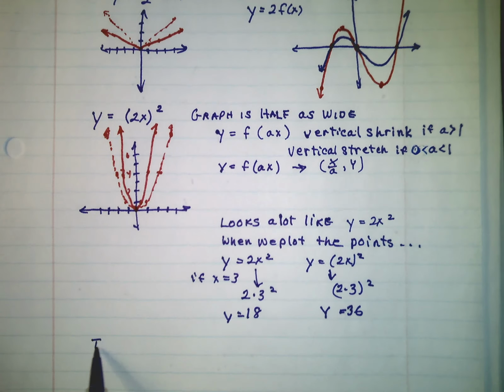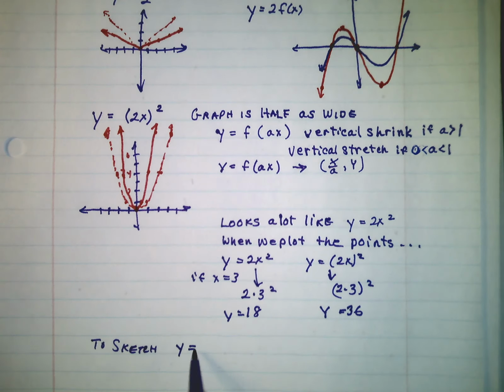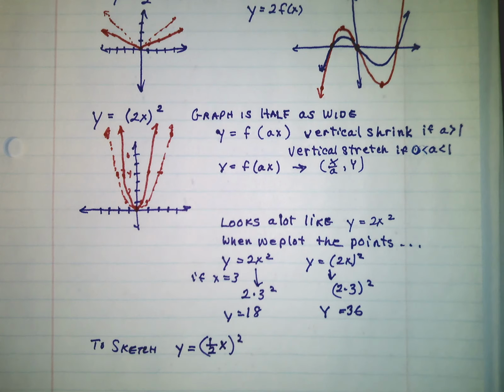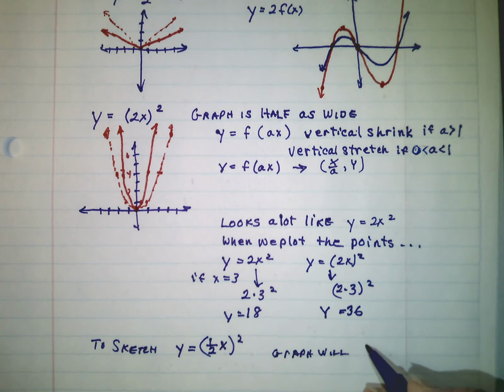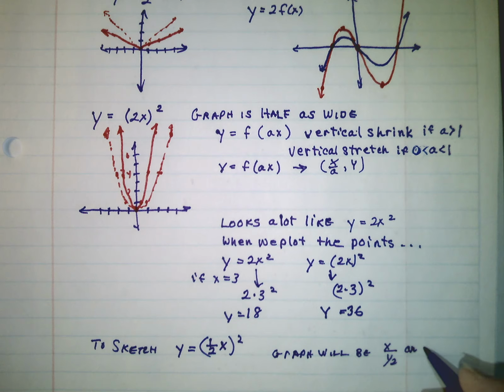Now, to sketch y equals 1/2 of x squared. That doesn't mean that the graph will be 1/2. The graph will be x divided by 1/2, or x times 2.